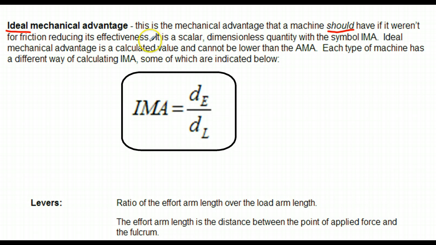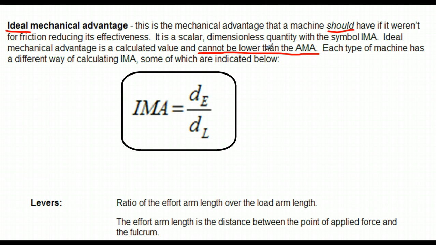We know there's friction everywhere in the world. It is a scalar quantity with the symbol IMA, so that's ideal mechanical advantage. And it's a calculated value and cannot be less than the actual mechanical advantage. It's always more. So let's underline that as well. Cannot be lower than AMA.